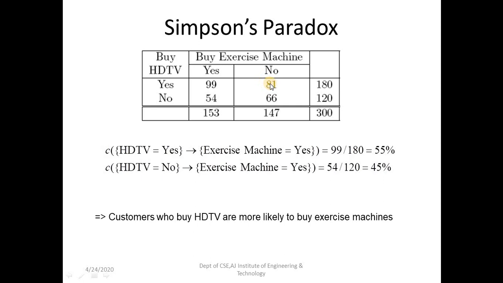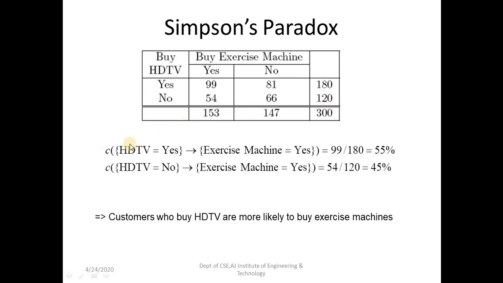Here 81 is the support count of customers who just buy HDTV but do not buy exercise machine. Similarly, 54 is the support count of customers who do not buy HDTV but just buy exercise machine. And finally, 66 customers buy neither. And this is the total support count.